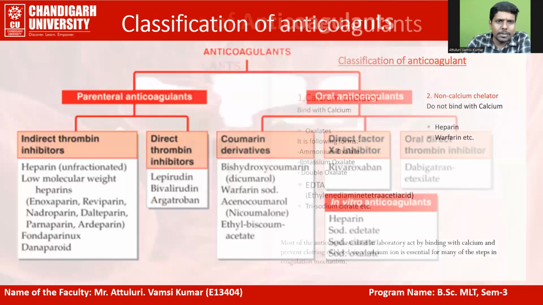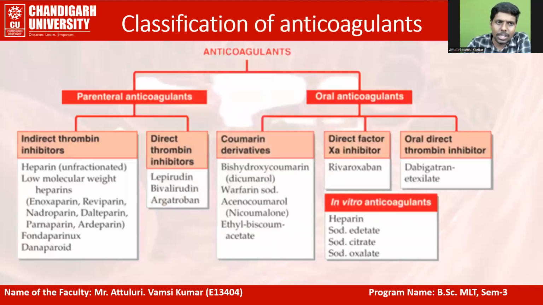As I stated previously, anticoagulants are broadly categorized into two types: oral anticoagulants, and anticoagulants that we use in in vitro conditions, such as in the laboratory. Since our program belongs to medical lab technology, where we focus on laboratory testing of human body fluids, we are only focusing on in vitro anticoagulants rather than the therapeutic anticoagulants. Therapeutic is for physicians and doctors.